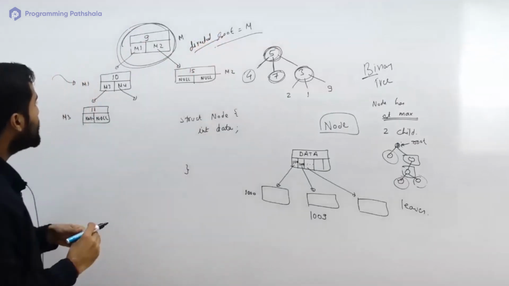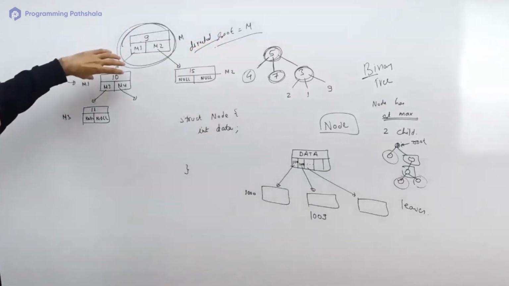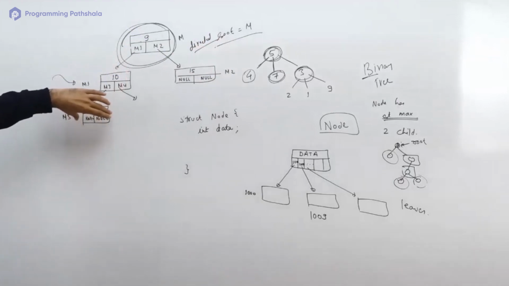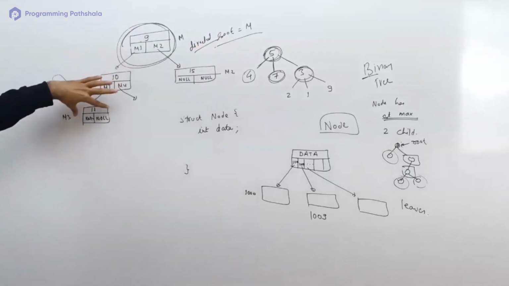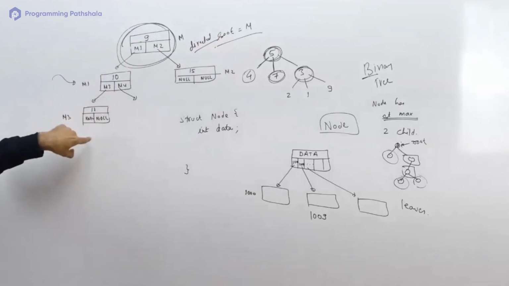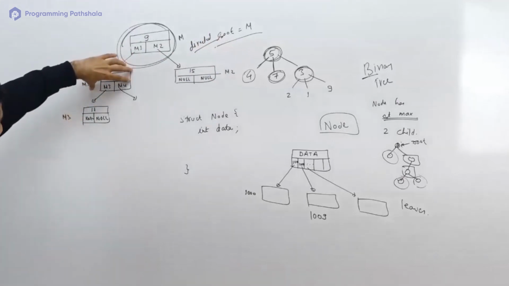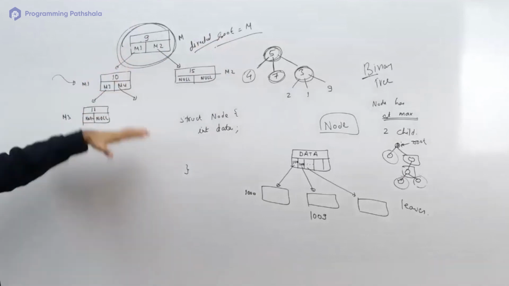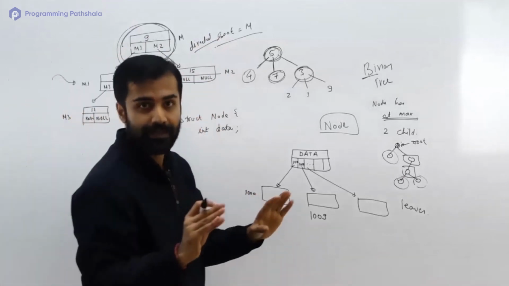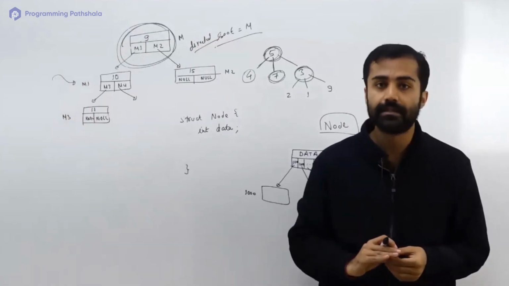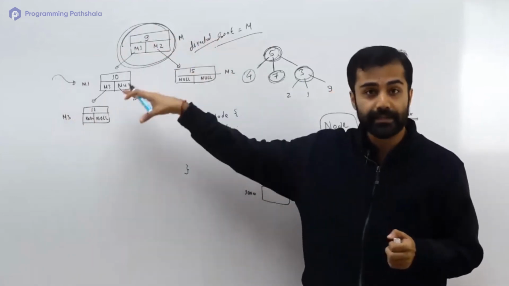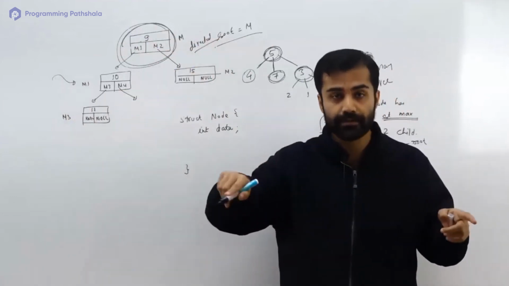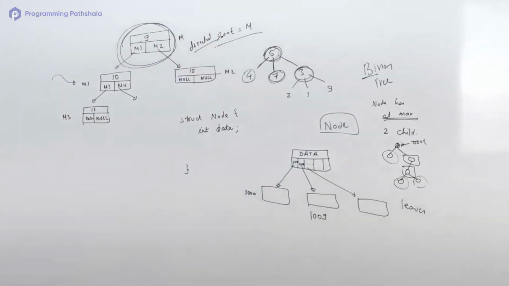Directed edges means if you can go from here to here, then you cannot come back from here to here, because there is no way at this node you would get to know about this M1. But here you would get to know about M3, and you can go to M3. So you can come down, but you cannot go up. That is a big trouble which is associated with this kind of representation of a tree, where we use pointers to point to the different children.